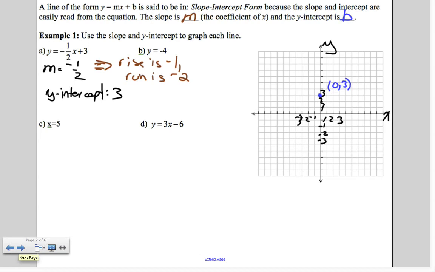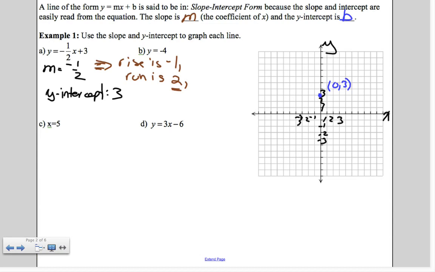Oh, it's 2. Take our negative sign, put it with one or the other, but do not put it on both. So you're going to leave the negative with the rise, so the run is just 2. So from this point, rise is -1. Is that up or down? Down.